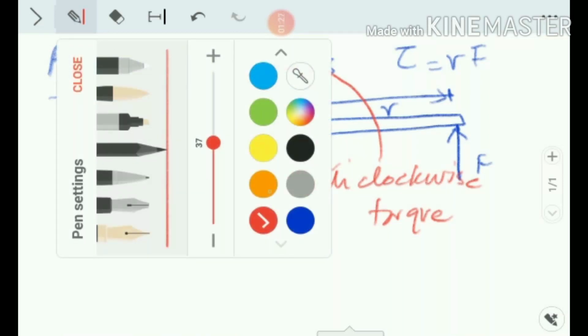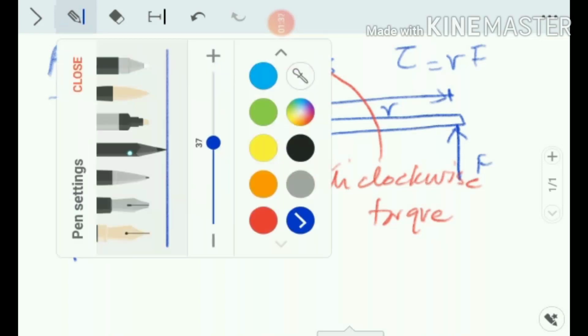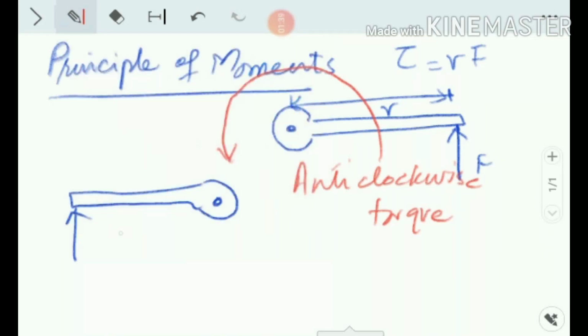Similarly, if we have a lever like this and the force is acting here, the torque will be clockwise torque because the lever will rotate like this. We will call it clockwise torque.